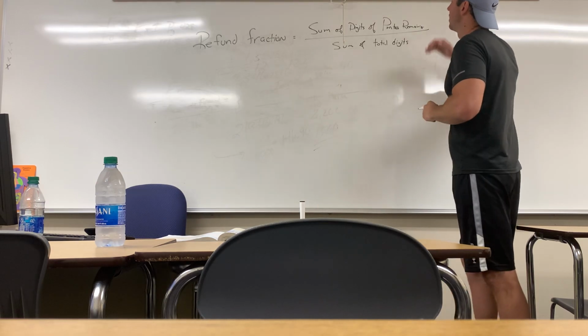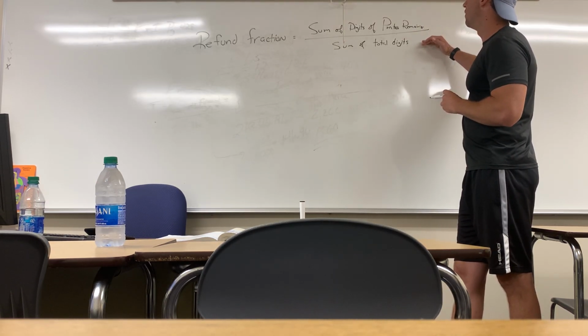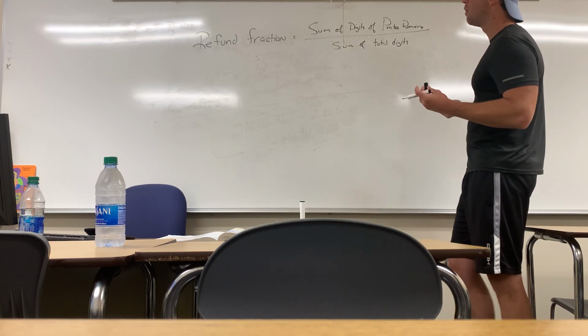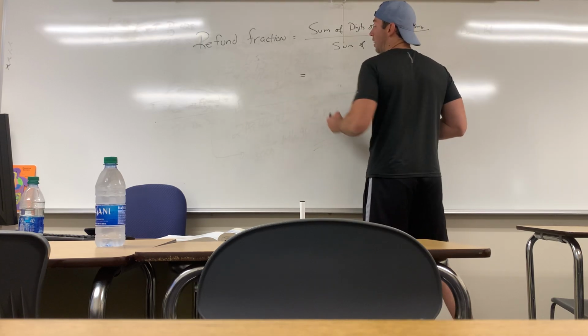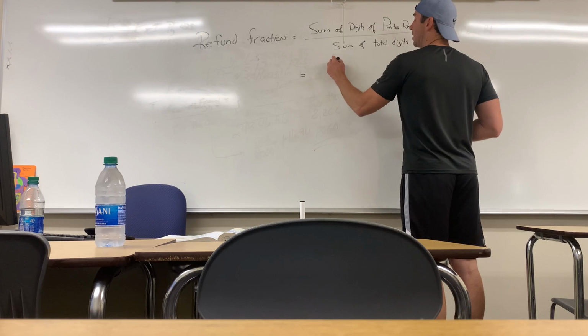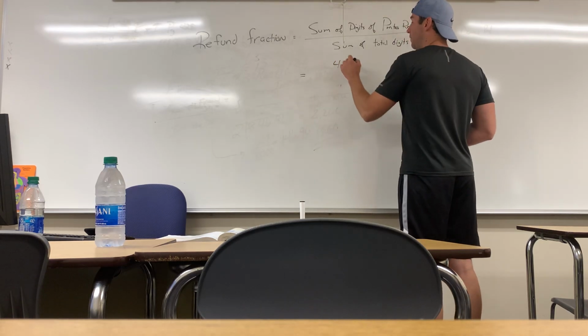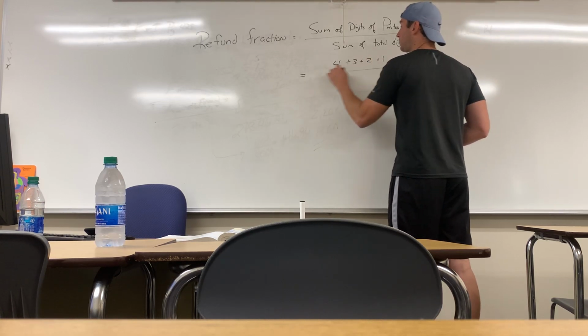So what they mean here with the sum of the digits of the payments remaining and the sum of total digits, well, it was a 12-month loan and you paid it off with 4 months left. So the sum of the digits of the payments remaining, since there was 4 months left, is 4 plus 3 plus 2 plus 1.